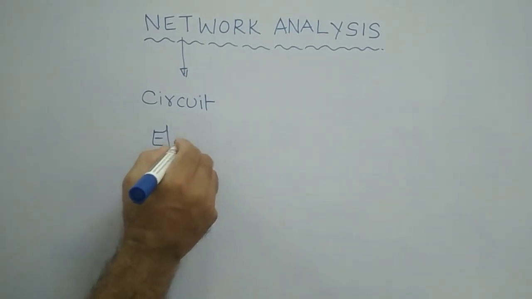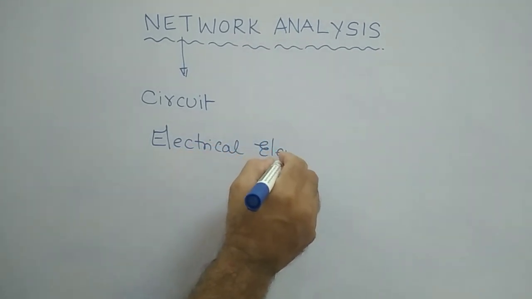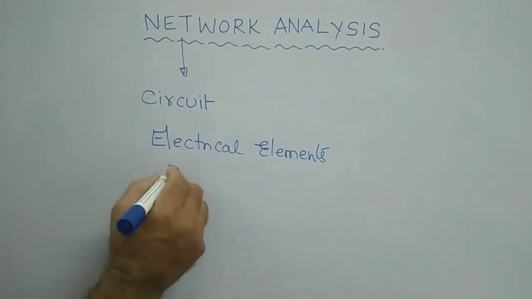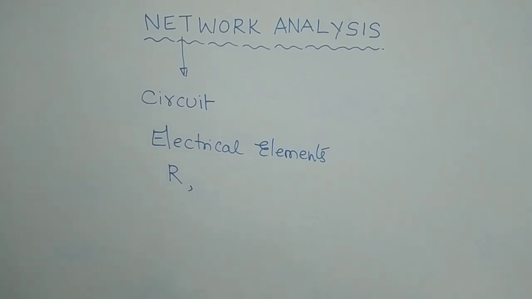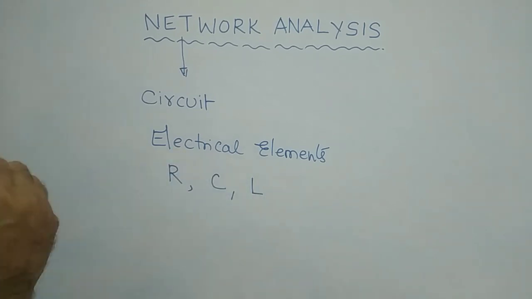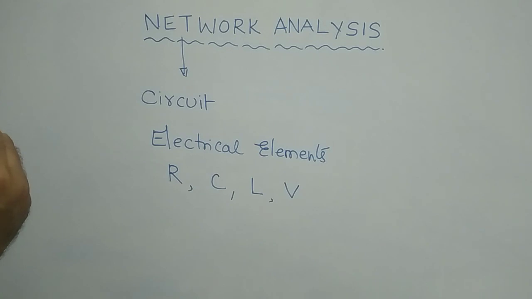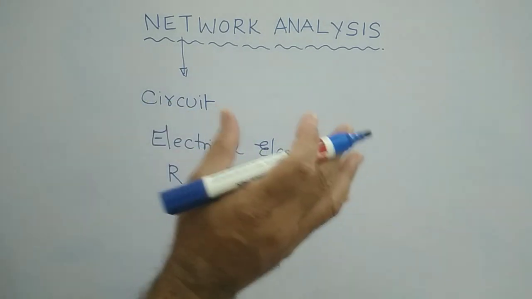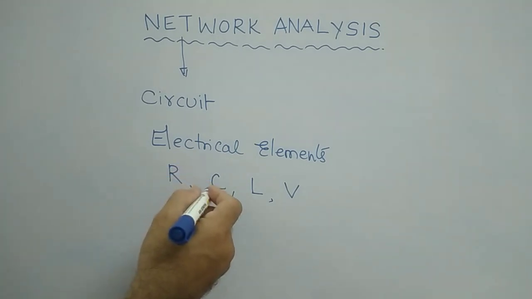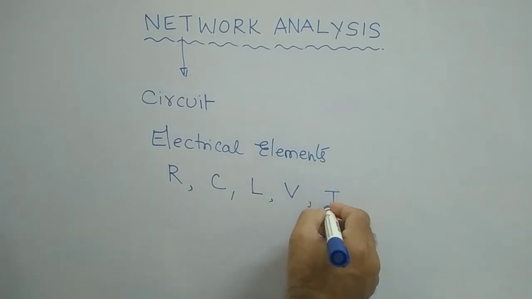So it will have different electrical elements. Otherwise, it will consist of various electrical elements, namely the resistance R, the capacitance C, and the inductance L. Sometimes we will measure the voltage across certain electrical parameters, capacitance C or L, or sometimes we will find out the current also.